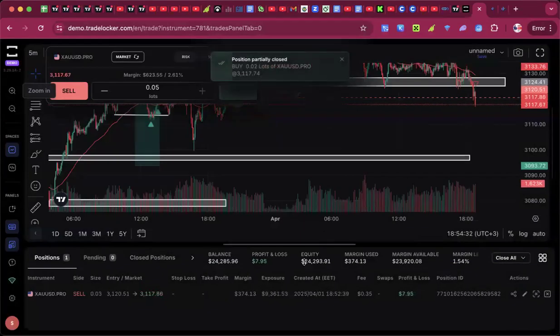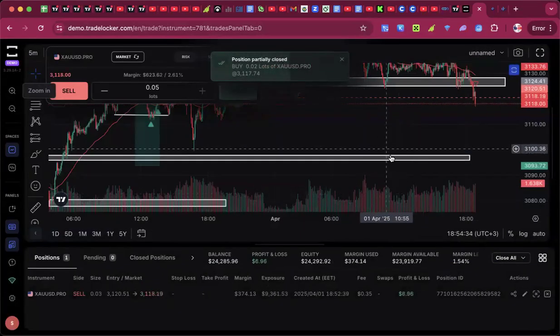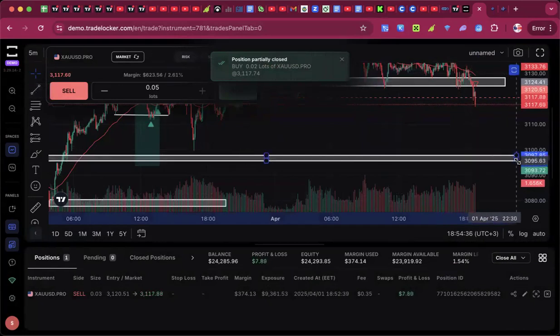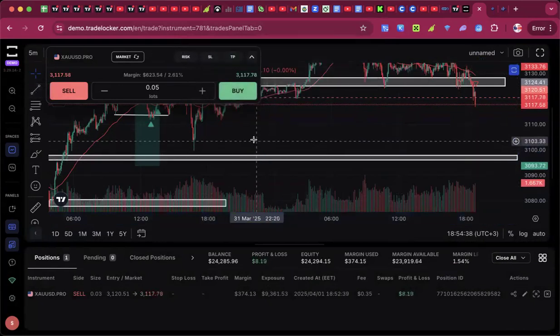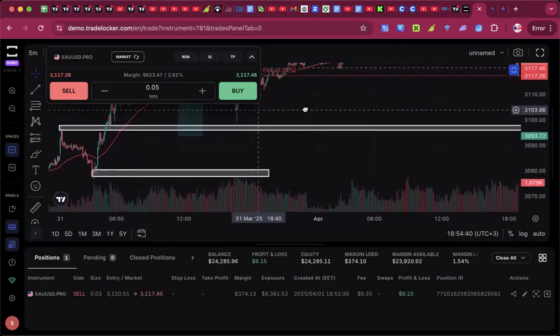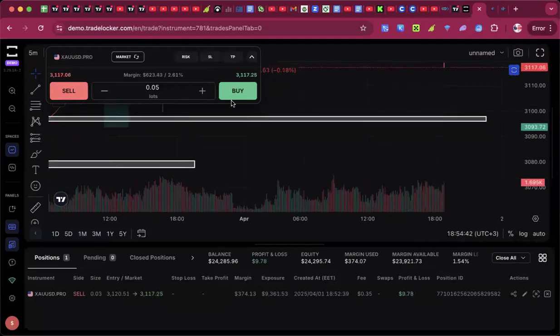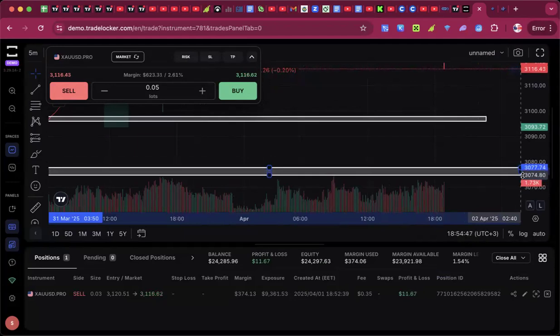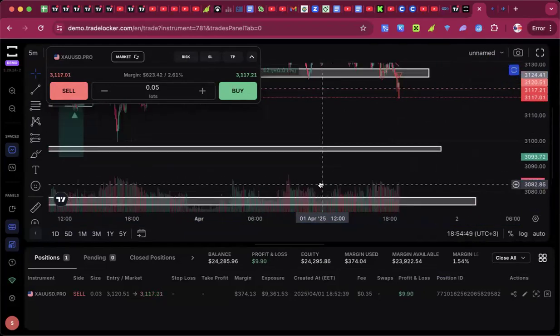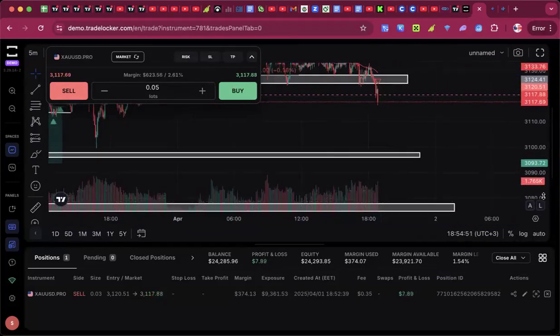Then it has given us part of the profit. So now let's take our profits probably below this liquidity area. So we actually have so many liquidity areas. And then another one is down here. So another one is down here.